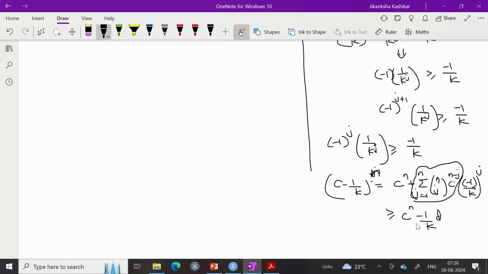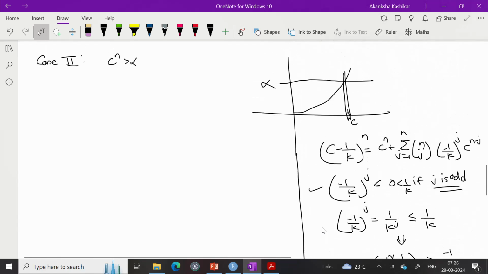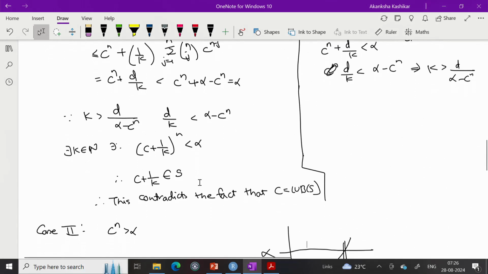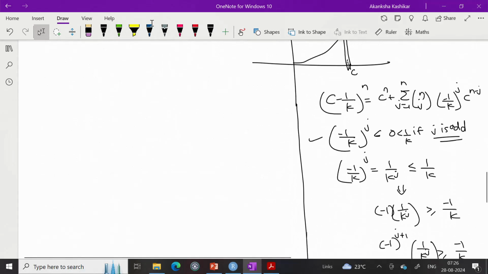So this I will write as greater than or equal to c^n, and (-1/k)^j is larger than or equal to -1/k. So I will bring that outside, -1/k, and this constant we will call now d. So if I can find k such that this is larger than alpha, then my job is done.